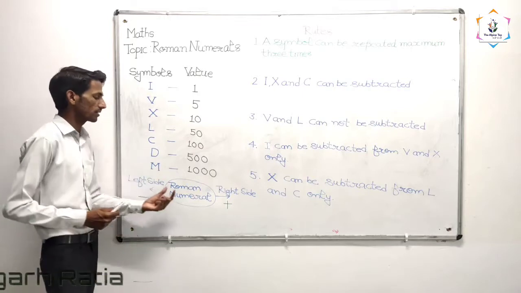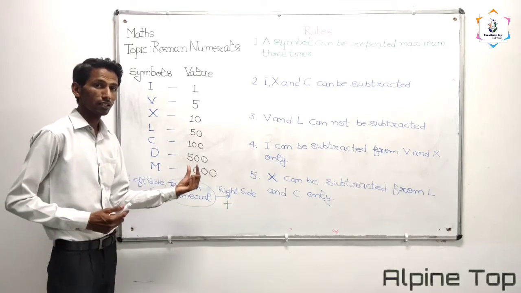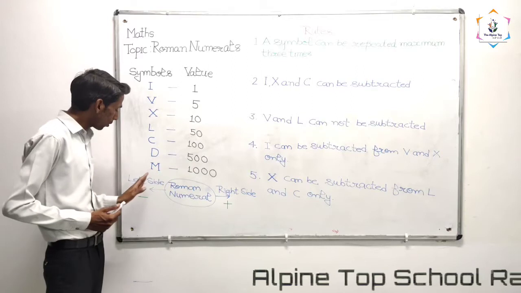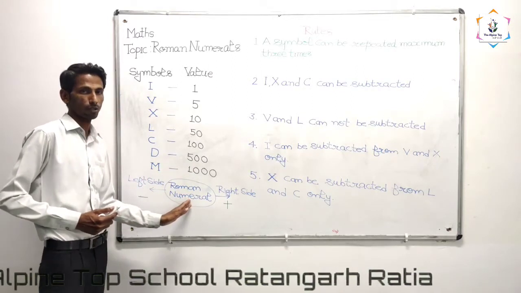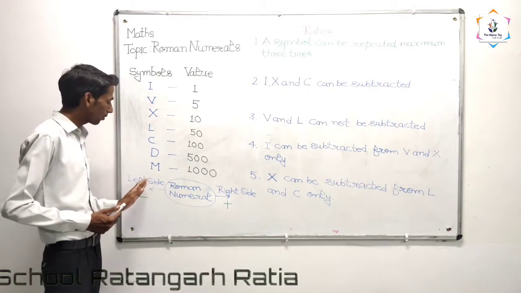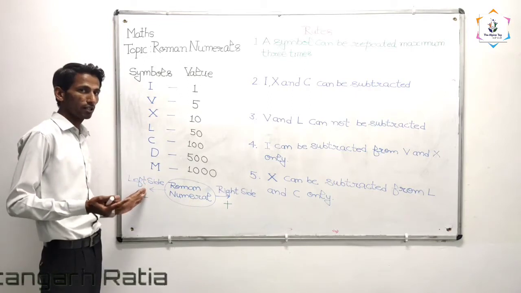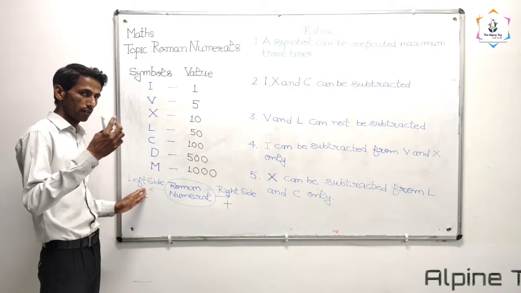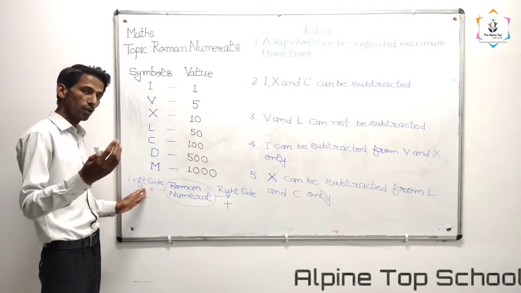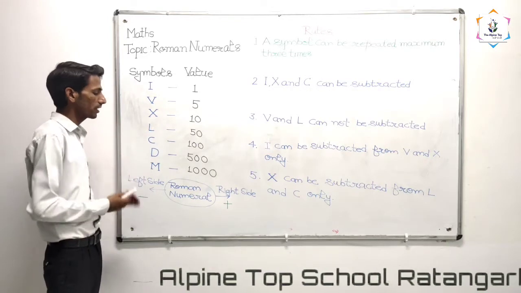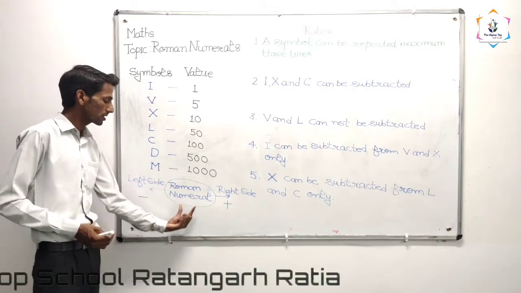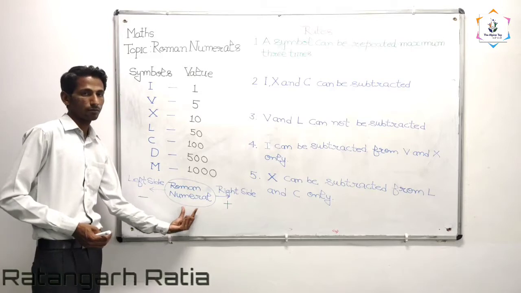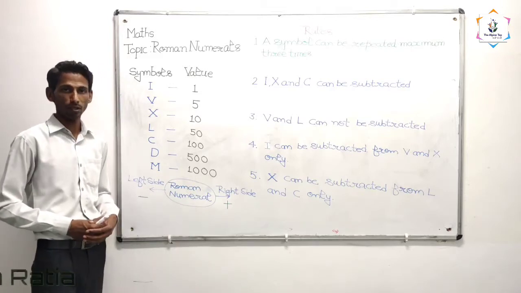Second, if you want to write any Roman numeral on the left hand side of the given Roman numeral, the value of that Roman numeral which you have written on the left hand side must be subtracted from the given Roman numeral.